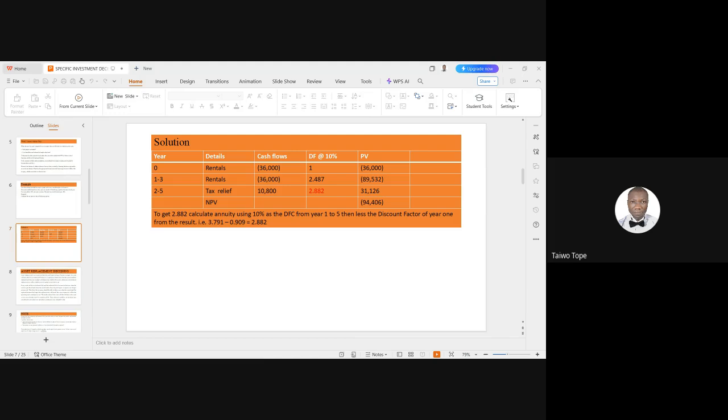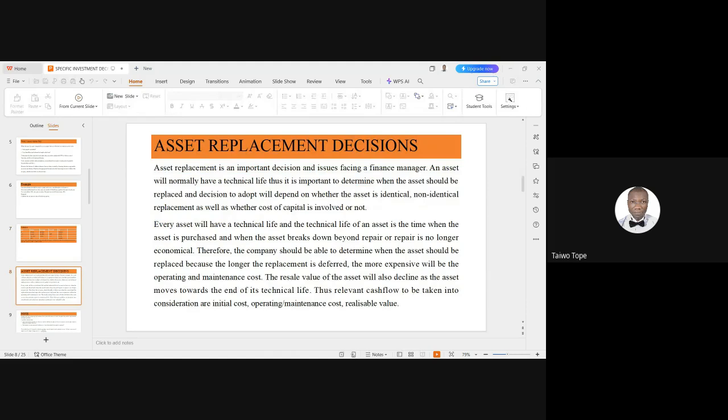To complete the financing decision, this figure must be compared with the PV cost of borrowing to buy the asset. The cheaper option in terms of NPV will be the recommended financing method. So take note of that.